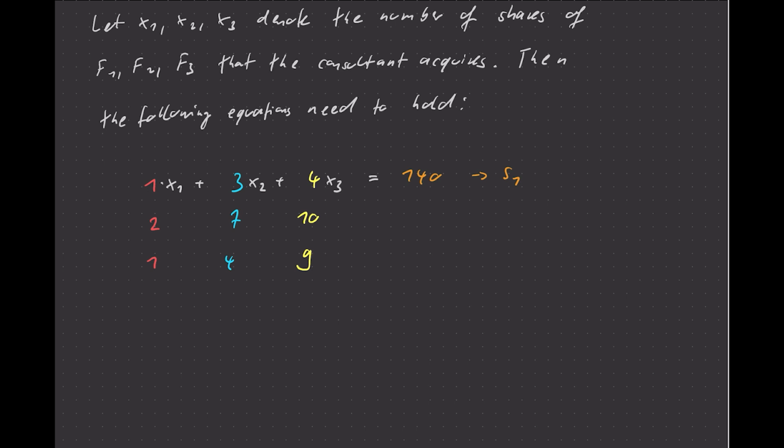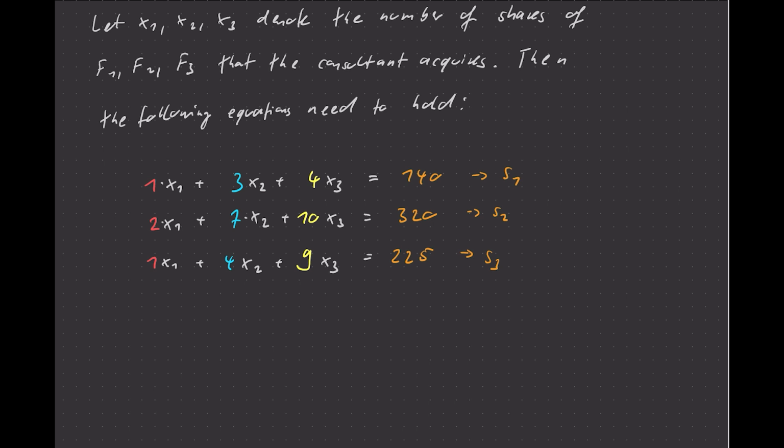For S2, we get 2 times the number of F1 shares that we buy, plus 7 times the number of F2 shares we buy, plus 10 times the number of F3 shares we buy. We want that to be 320. That's our target for S2. And finally, it's 1 times X1 plus 4 times X2 plus 9 times X3 for S3.